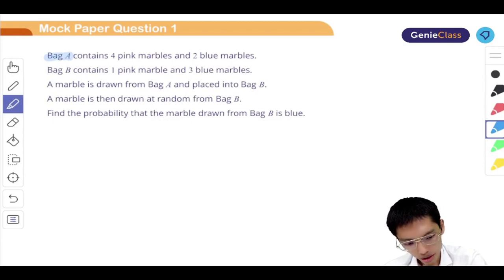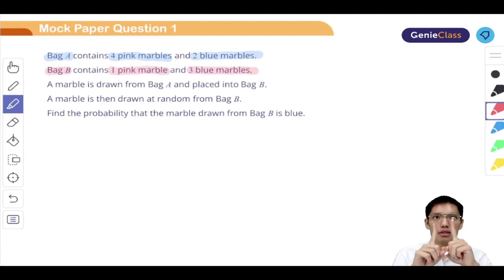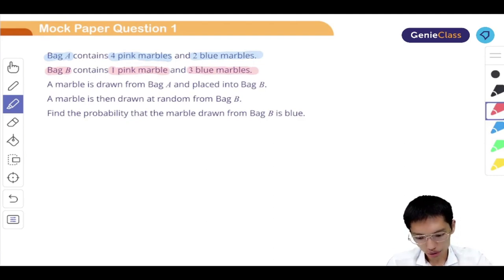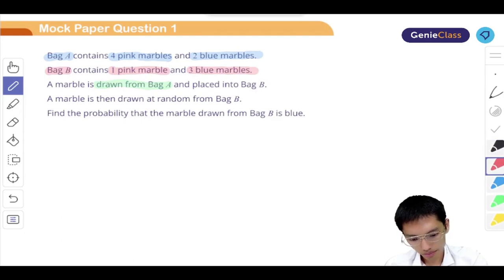Bag A contains this amount of pink marbles and 2 blue marbles. Bag B contains 1 pink marble and 3 blue marbles. So look at the events first, okay? Very confusing, but let's take note. I draw it from bag A, and crucially, I place it into bag B.